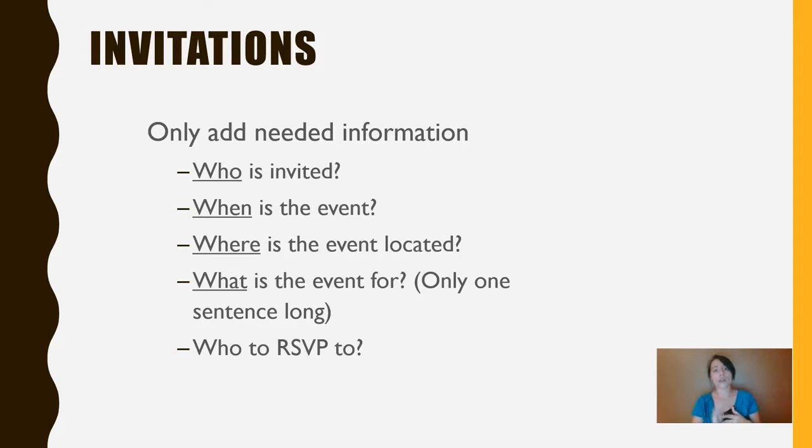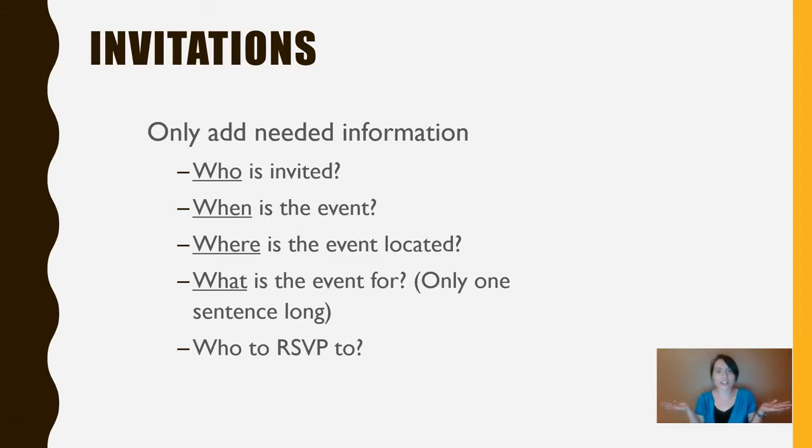But don't overcrowd your invitations. You really want to keep the information on them to a bare minimum. You want to include who is invited, especially if there are certain people in a household that you would like to attend and not others. And to make sure your guests attend, you want to make sure that you're including when and where the event is.